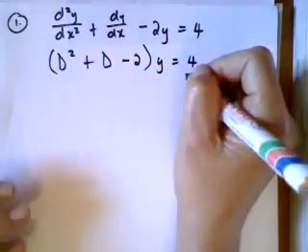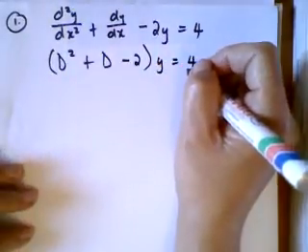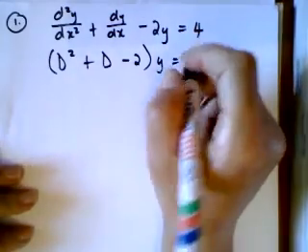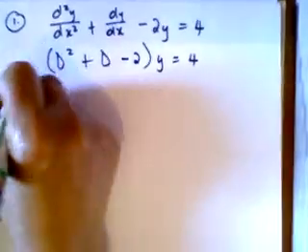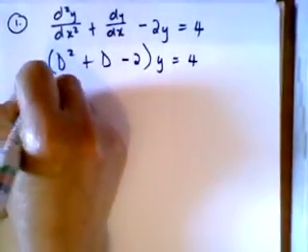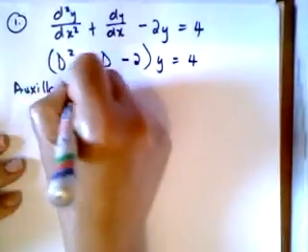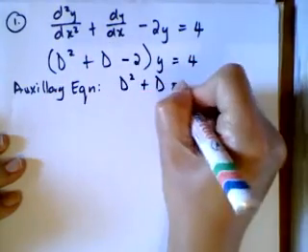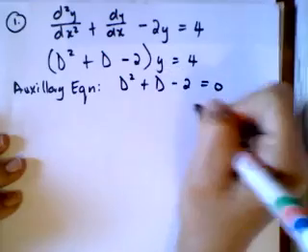equals to 4. And you remember we use the auxiliary equation in order to find your complementary function. So in this case, the auxiliary equation is going to be D² + D − 2 equals to 0.